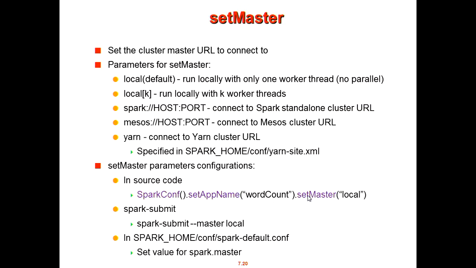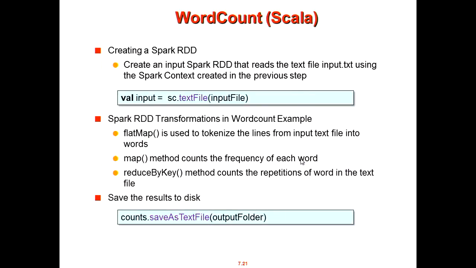So in source code, it's the highest level according to this one. But if you do not do this, then it will check if you have specified this in spark-submit. And next, it will check if there are some configurations in this configuration file for setMaster.